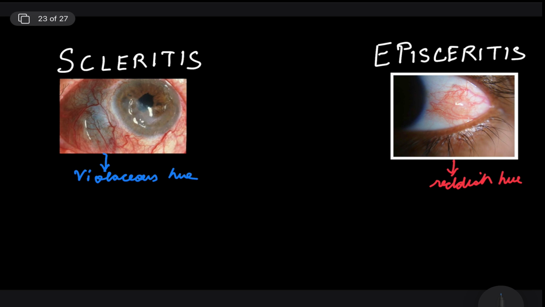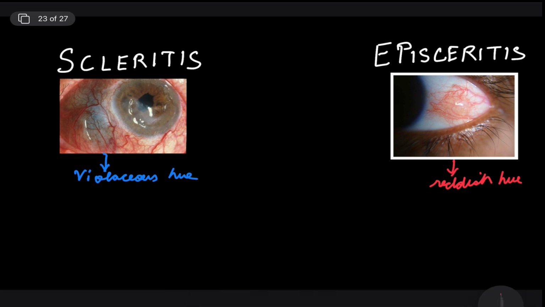This is a very common concept: inflammation of any deeper blood vessel will give off a bluish tinge, whereas a more superficial one will be more reddish, because the deeper structures are venous and the superficial more arterial, something like that. Even though in these two cases we won't be going into that kind of distinction, it is very evident from this picture, at least in scleritis, that there is a violaceous, bluish hue, which means some kind of deeper structure is involved. Okay.